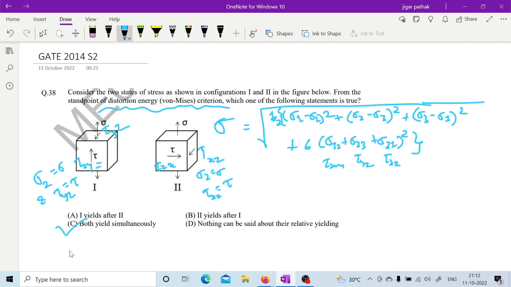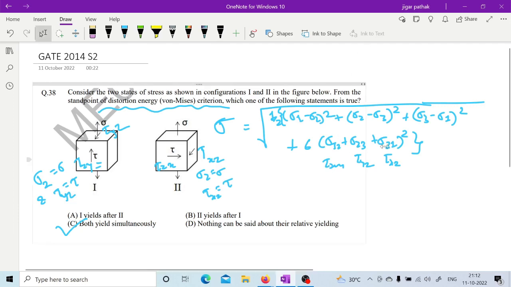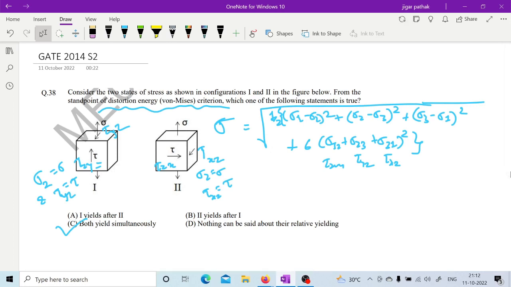Yes, sir. But sir, this term with sigma 12 plus sigma 13 was not in the proof. Yeah, so we have not considered that, but actually it is there when we consider shear stress also. We have not considered this while deriving this, right? Because we have specifically considered only the biaxial state of stress.